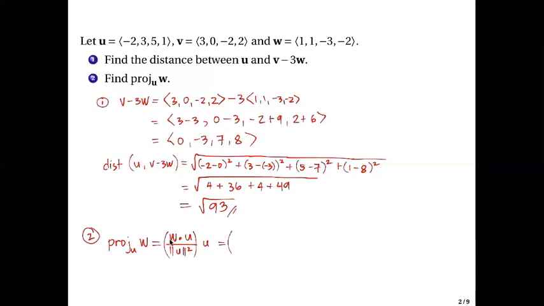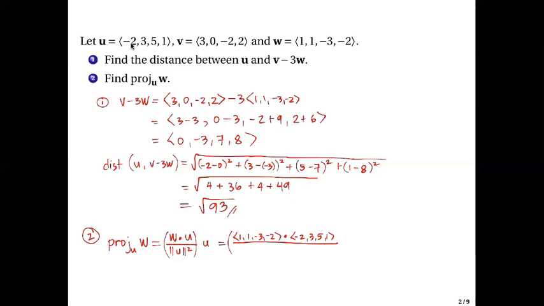So W dot U, let me write that. W is again 1, 1, -3, -2. And then you dot this with U, you have -2, 3, 5, 1. And then for the denominator, we just get norm of U squared.